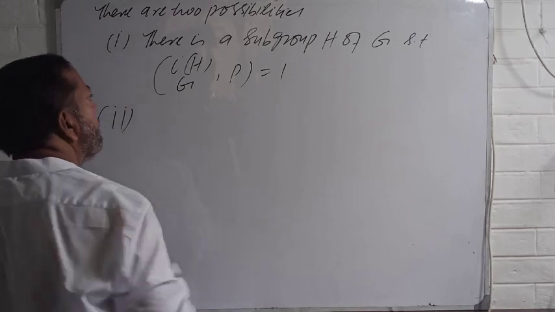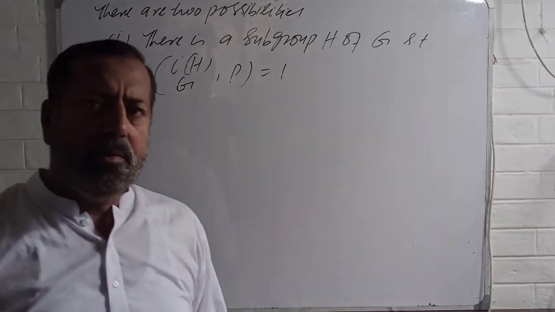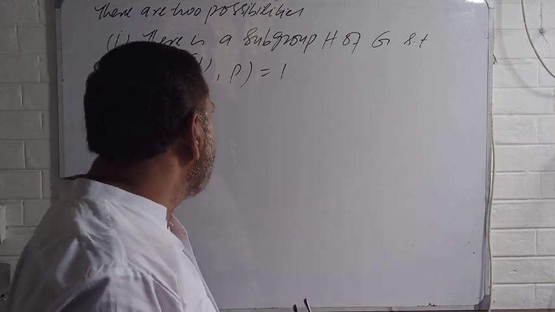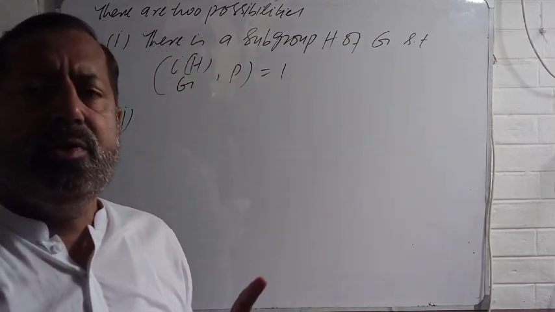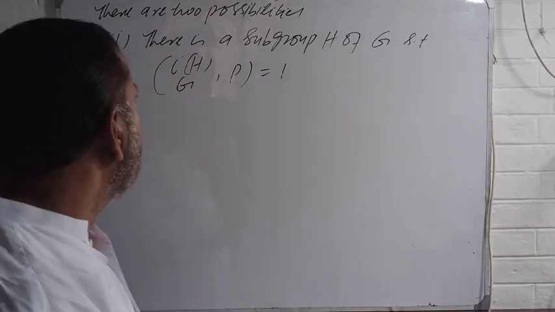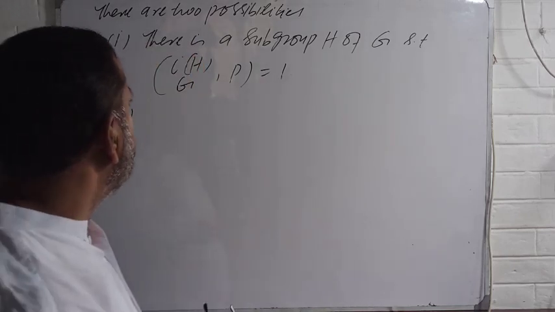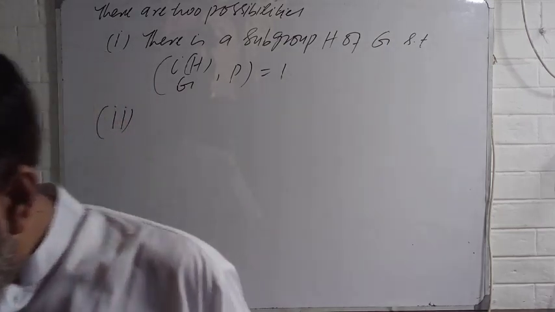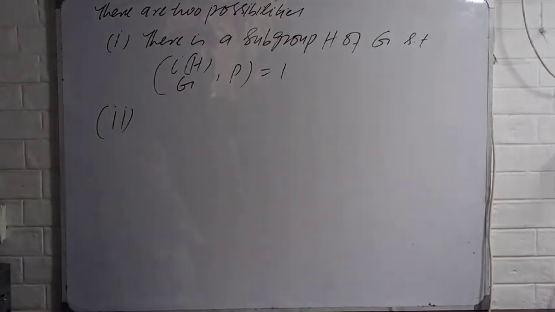Number two, there is no subgroup H whose index is prime to p. Whenever there is a subgroup, its index must be divisible by p. So the second possibility is that there is no subgroup H of G whose index is prime to p.